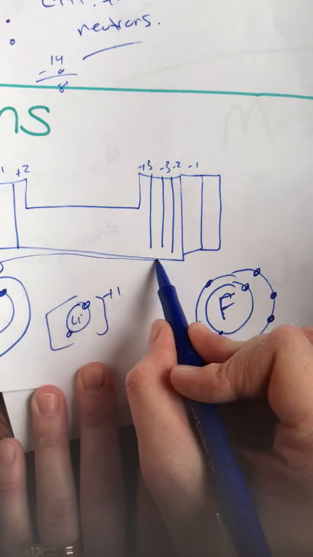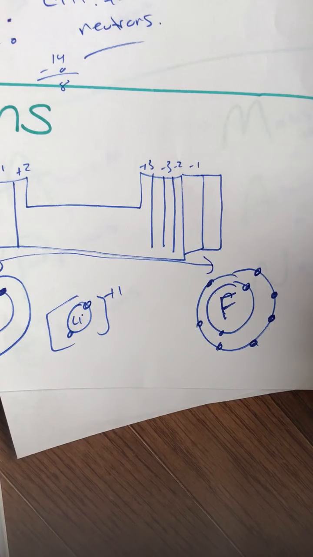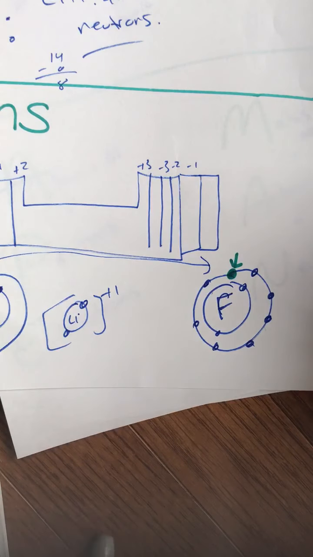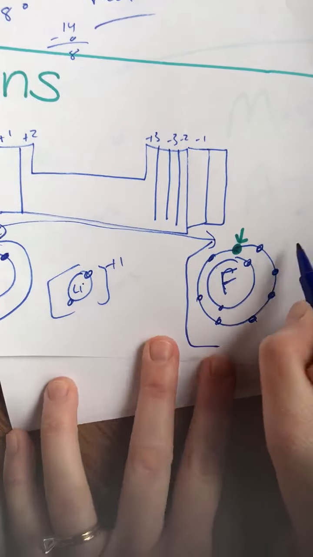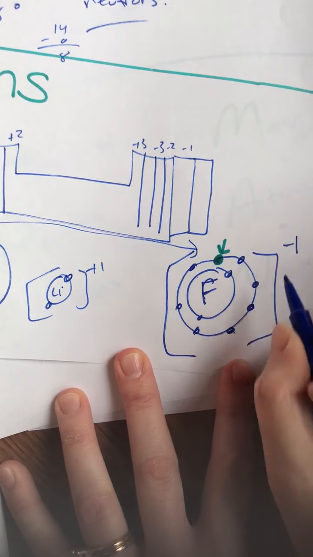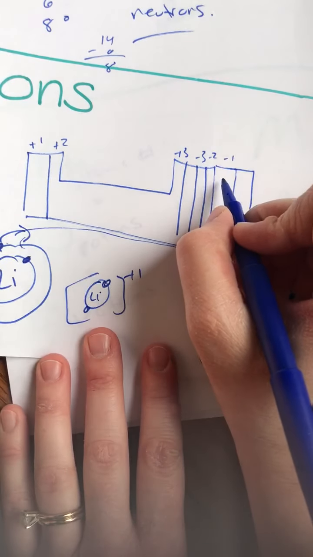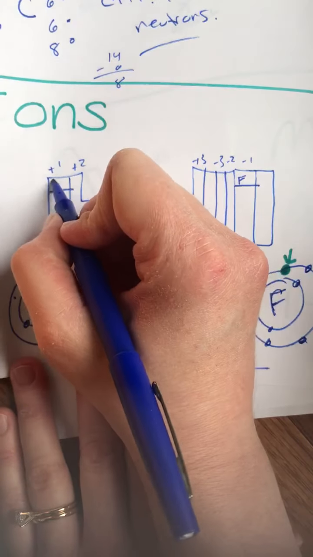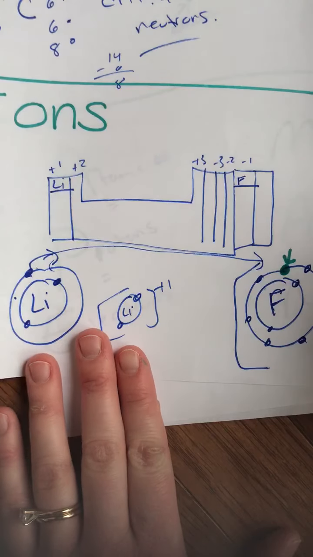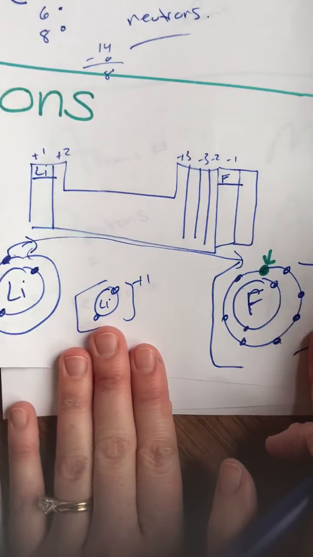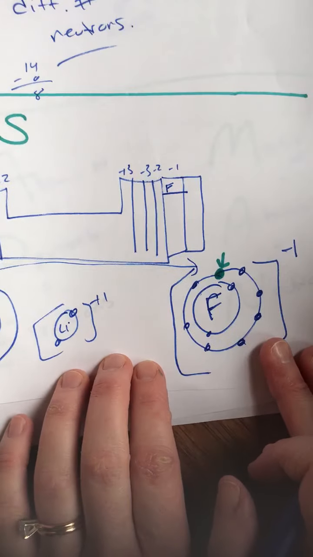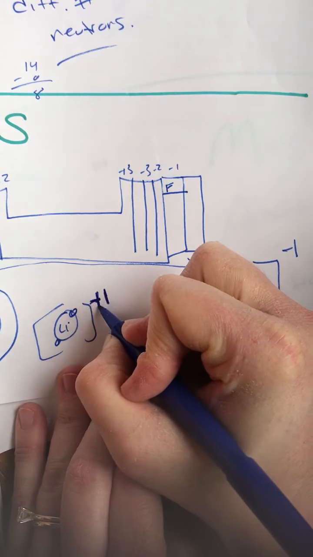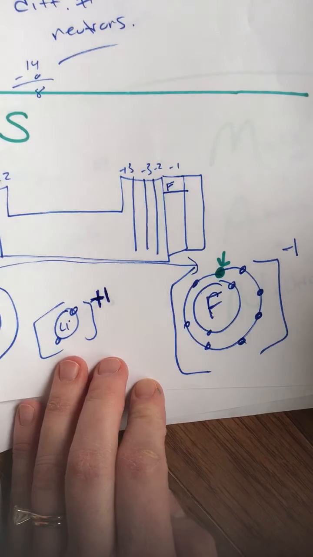If it took this one from lithium, and now it had 8, but that one was new, okay, it'd have 1 more negative, so that would make it a -1, okay, and we could have found fluorine right here in the -1 column, and we would have found lithium over here in the +1 column when you look at your periodic table, okay? But that was just showing you that, and that's going to kind of come back to us in the bonding unit that we'll do a little bit later on in review. But let's just kind of throw that out there, okay?